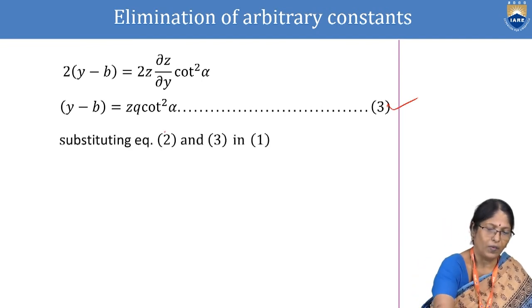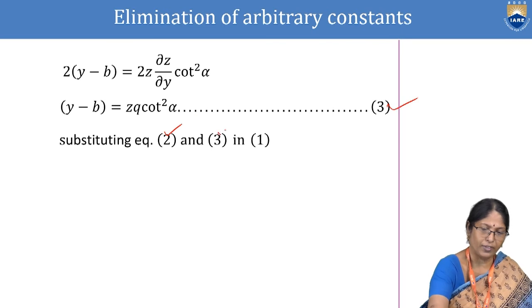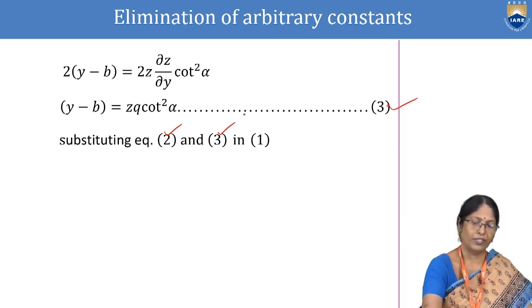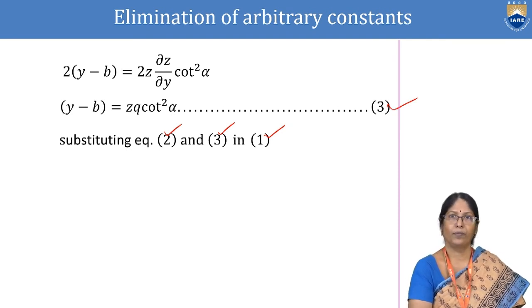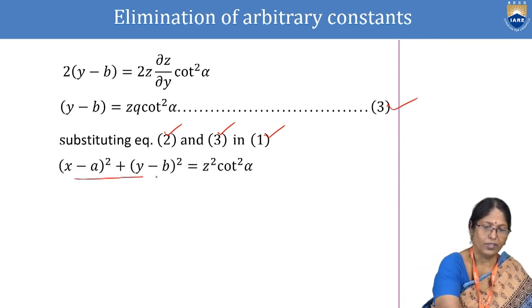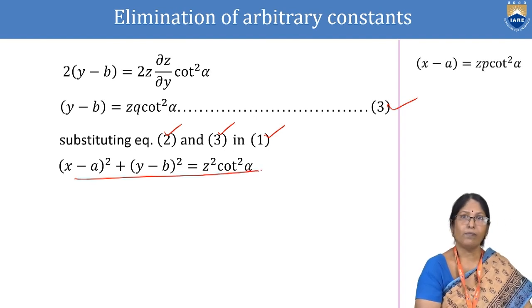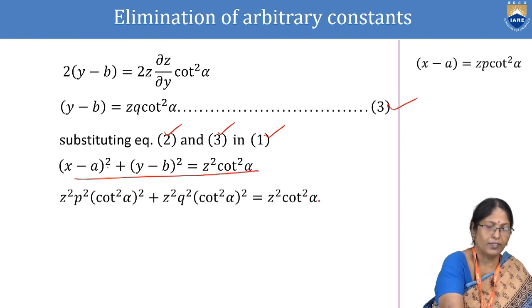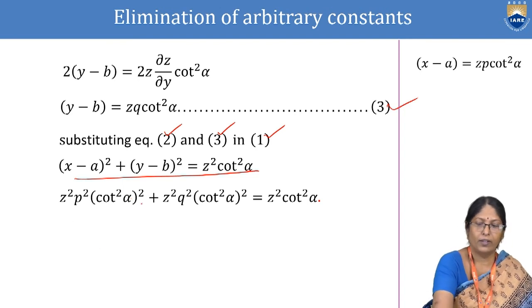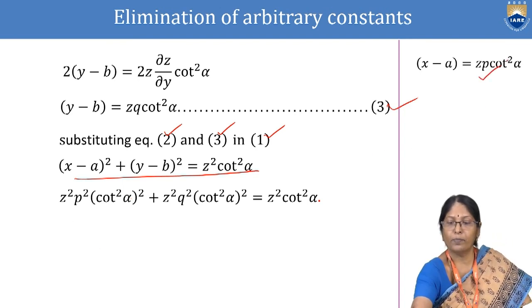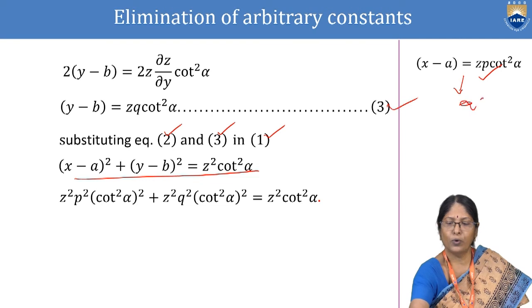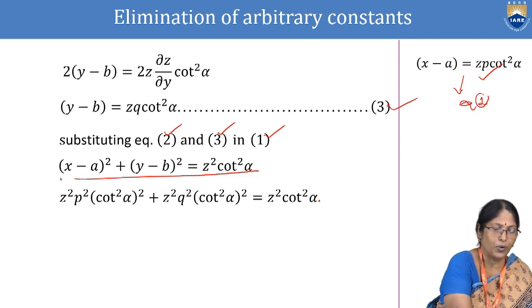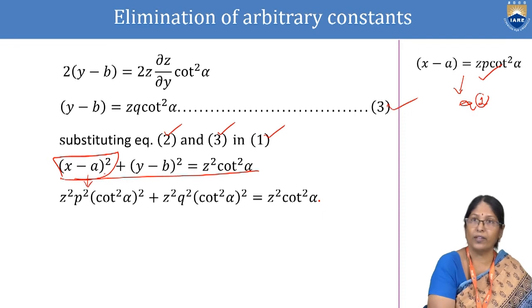Now, equation 2 and equation 3, both we will substitute in equation 1. That is our question. So x minus a, we got it, is replaced by p cot square alpha. This is only our equation 2 that is substituted in this particular place.